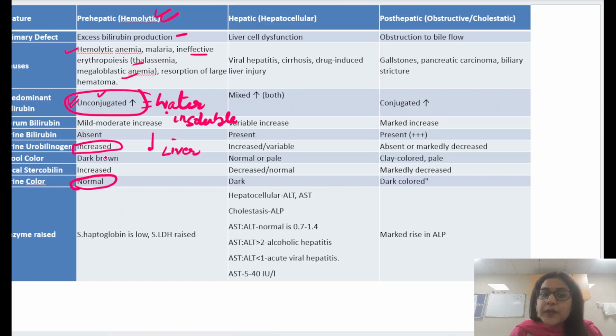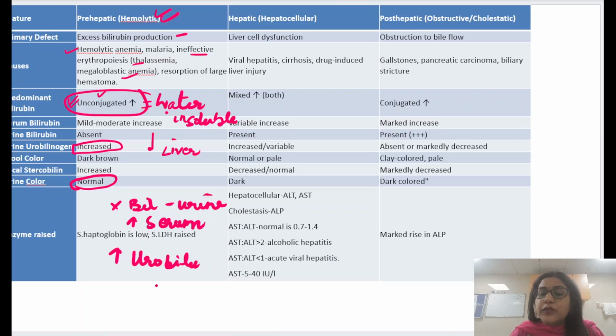So there would not be any bilirubin in the urine, but the bilirubin is increased in the serum. In your blood bilirubin is increased, but not in the urine. And in the urine you will have increased urobilinogen, and because of that, the color of the urine is going to remain normal, or the pale straw colored urine, which is because of urobilinogen, is going to remain the same.